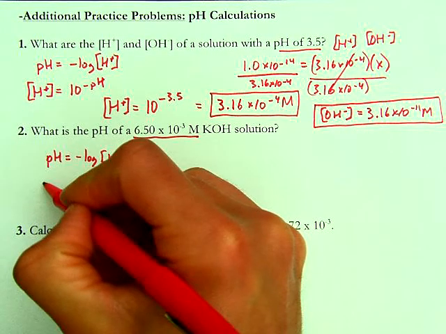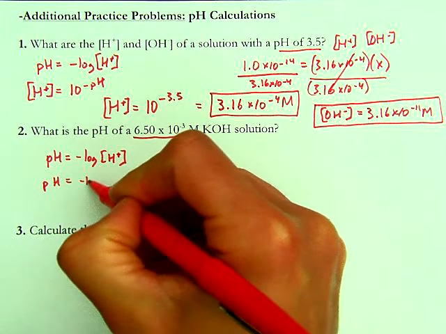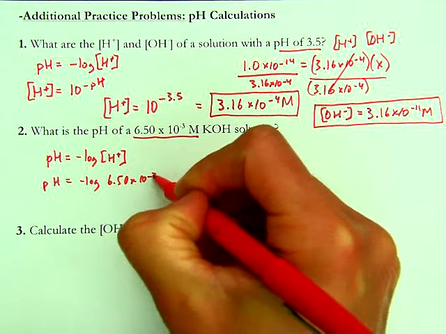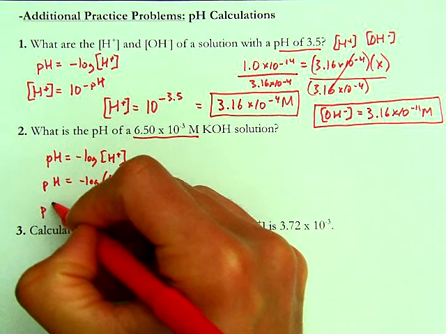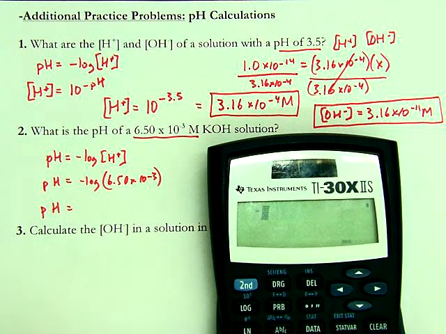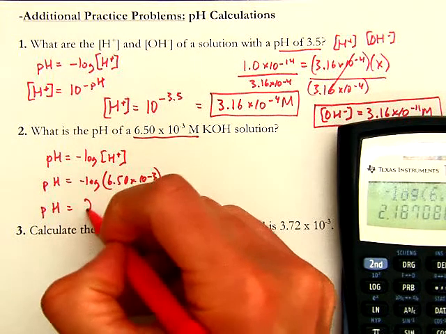If you do that, pH equals negative log 6.5 times 10 to the negative 3, what you get is, let's see, negative log 6.5 times 10 to the negative 3. We get 2.19.